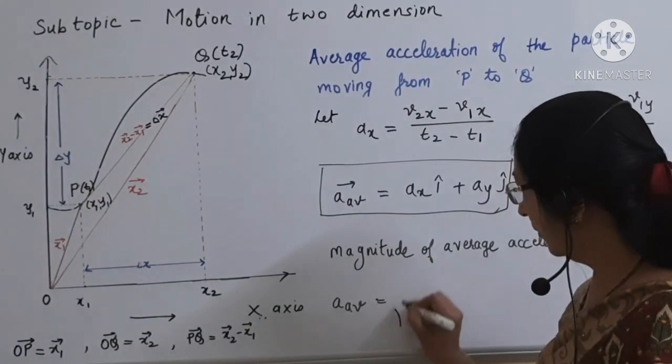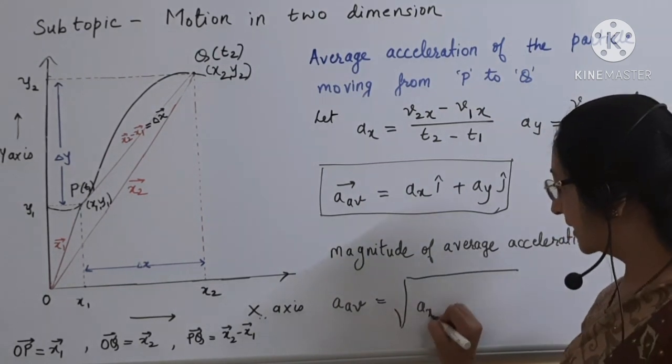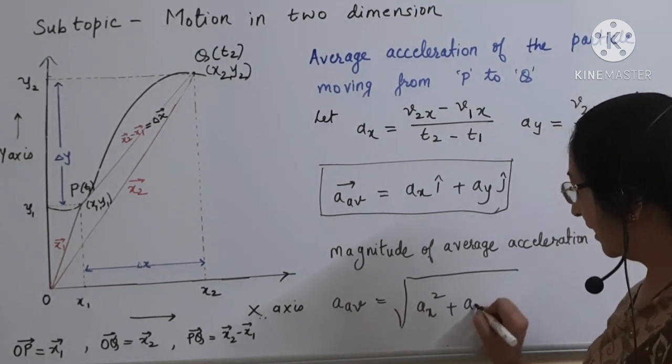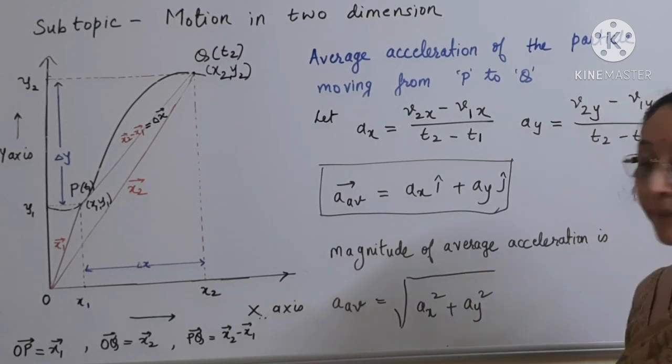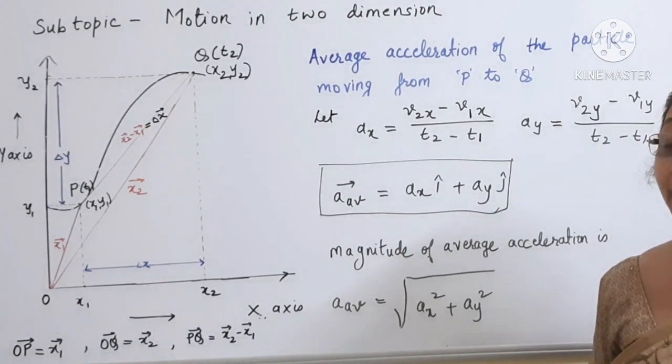That is equal to under root of ax square plus ay square, according to what we have studied in the scalars and vectors.